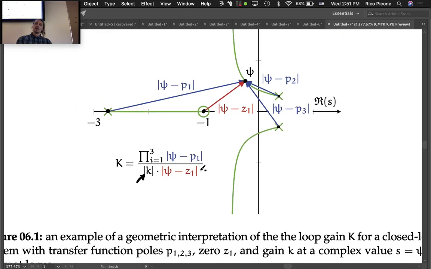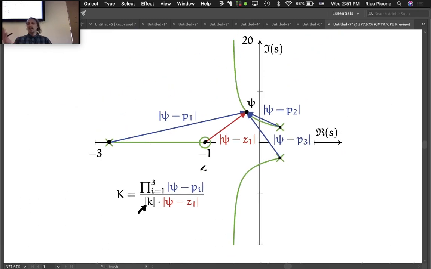If you want to know those lengths, all you need is a good old-fashioned Pythagorean theorem. We're in the plane, so we can just find the root sum square of these two distances to get the hypotenuse for all these lengths.